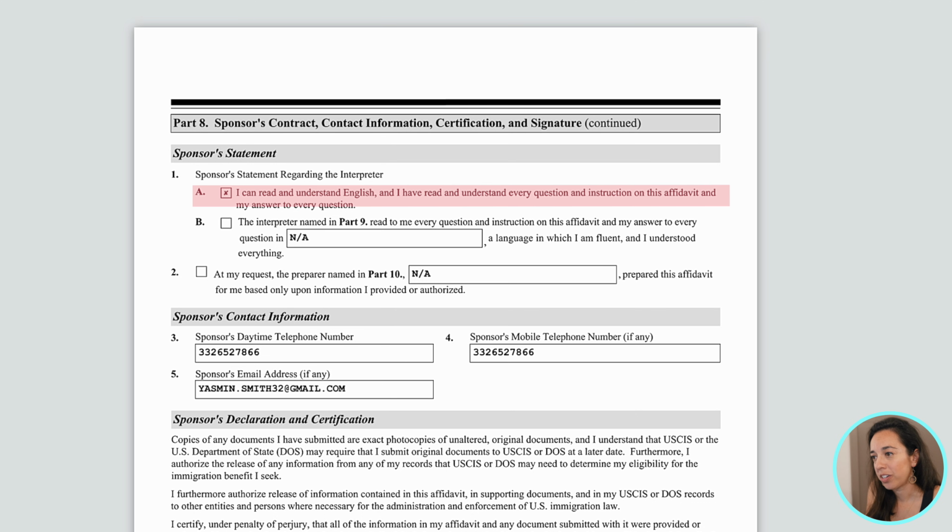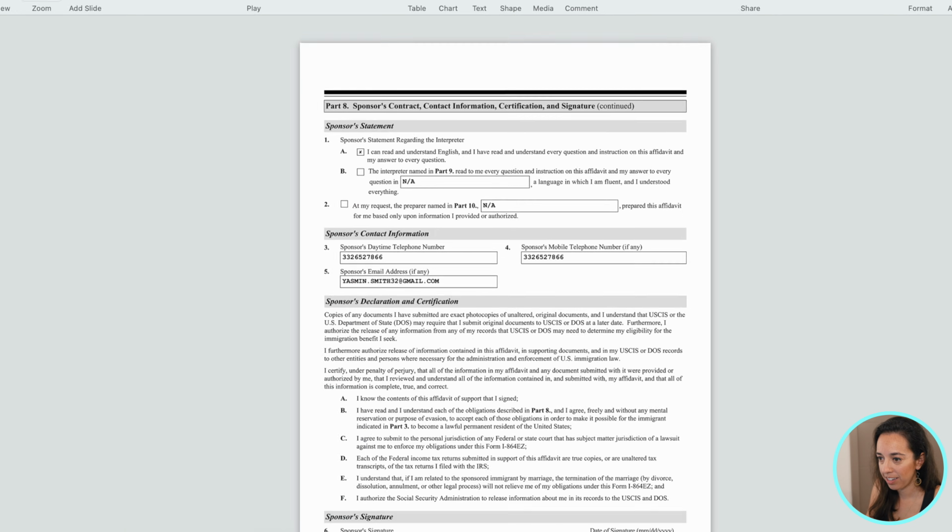So we checked box 1A, that I can read and understand English and that I have read and understood every question and instruction on this affidavit. For 1B, I just put NA, as we didn't use an interpreter, and the same for question 2. Question 3 and 4 asked for my contact number, and then for question 5, I wrote down my email address.